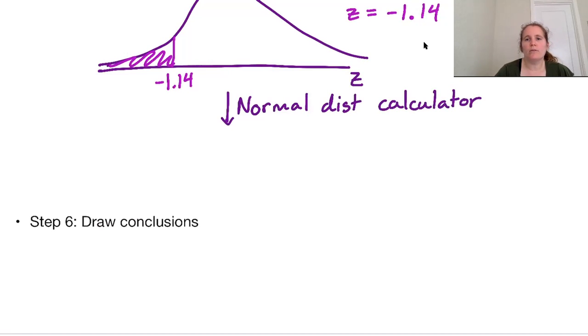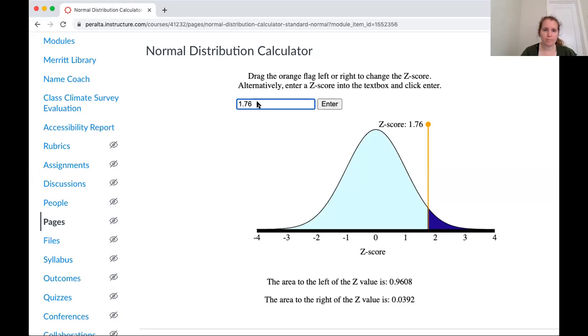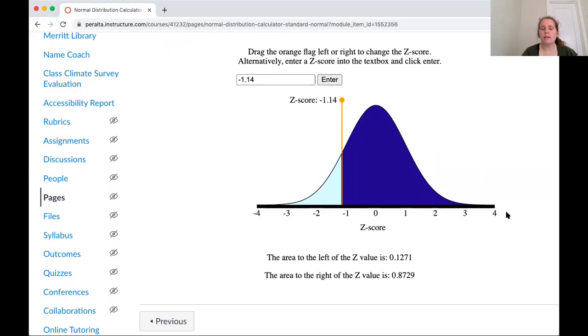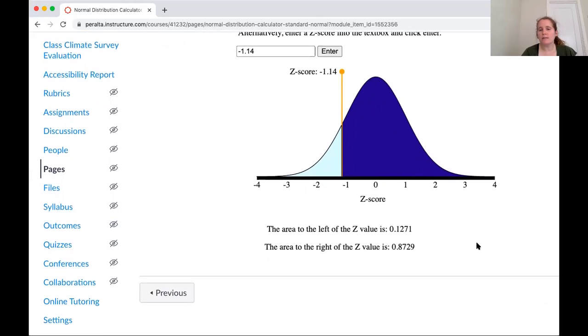So if we go over to that, putting in negative 1.14 for our z-score and hitting enter, we are looking at a left probability, which in this case is 0.1271. And we'll record that and then we'll switch back over. So we have a probability of 0.1271.